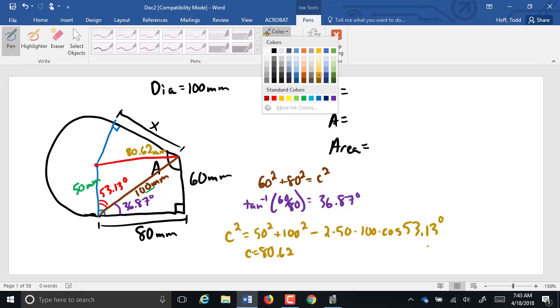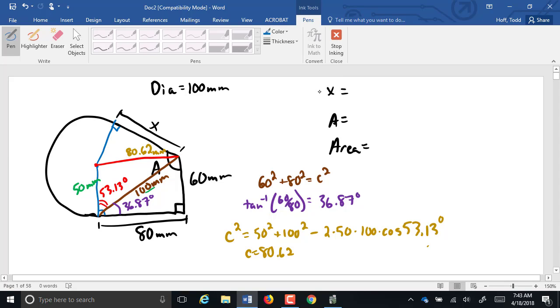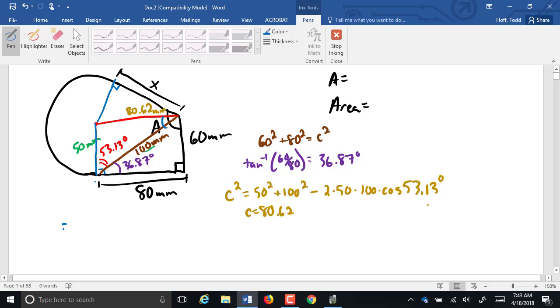Now that I have that, I can find some other angles. For example, let's find, now that's actually the bigger angle, isn't it? We want to find this angle over here. So we've got the 80.62 over sine of 53.13.